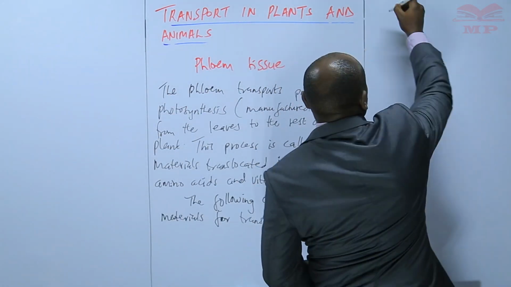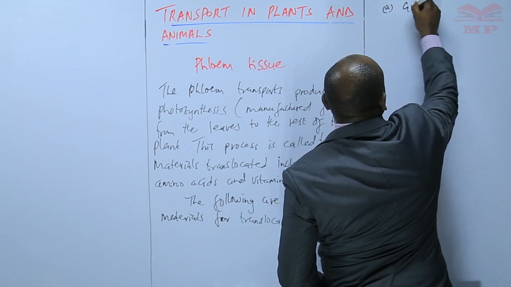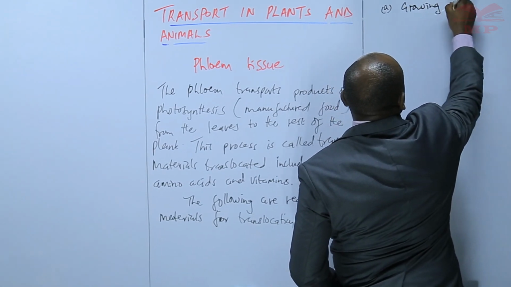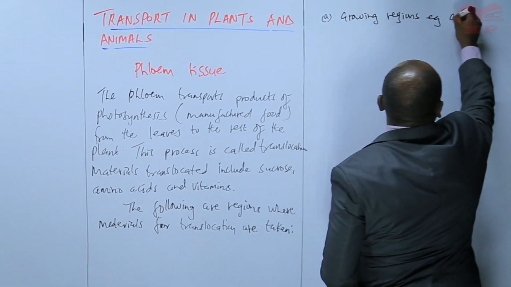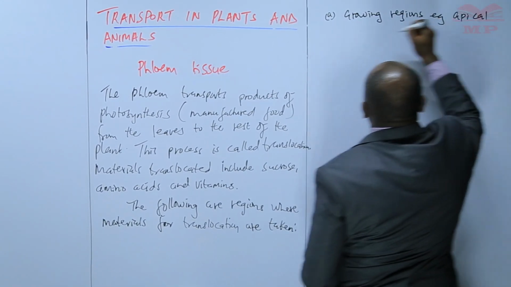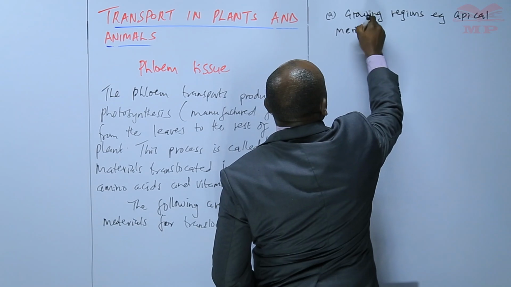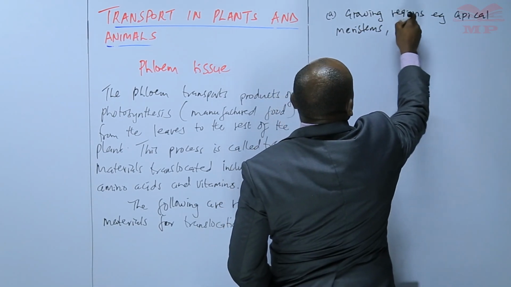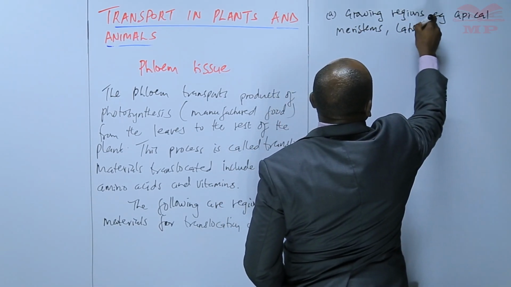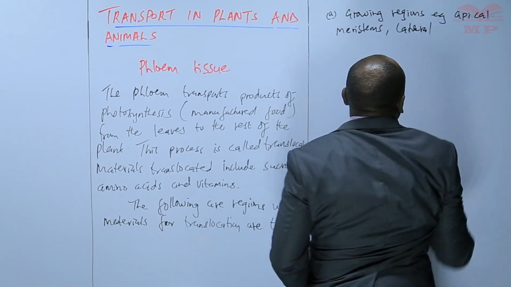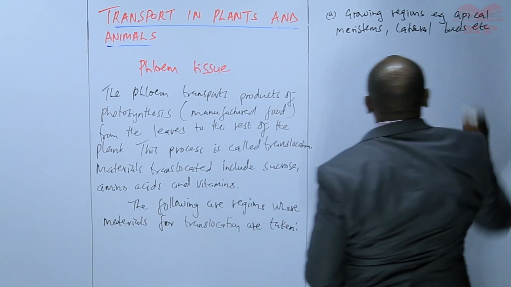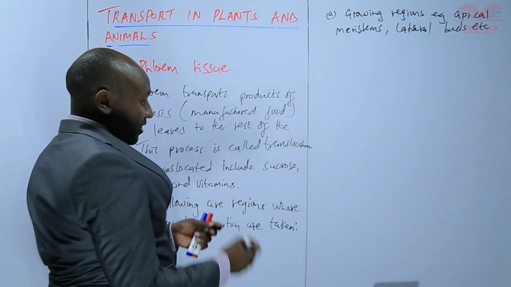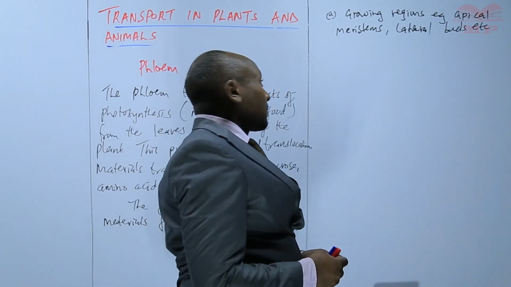So we've seen that one is the growing regions, e.g. the apical meristems, the lateral buds, etc. The areas that are experiencing growth.